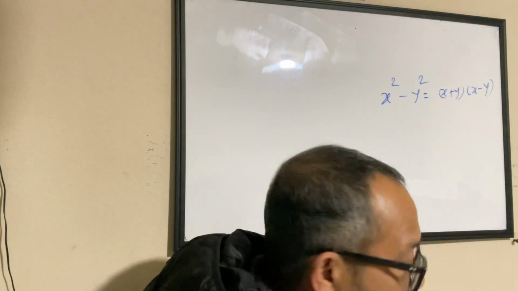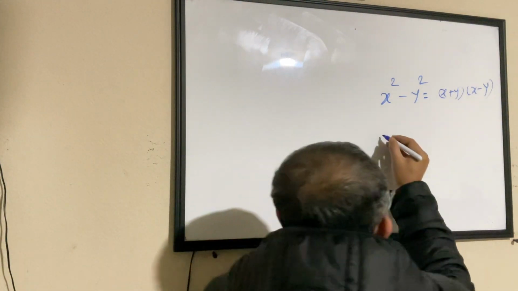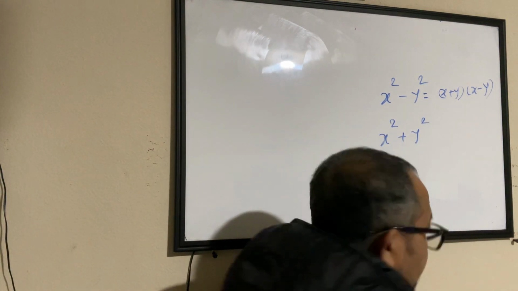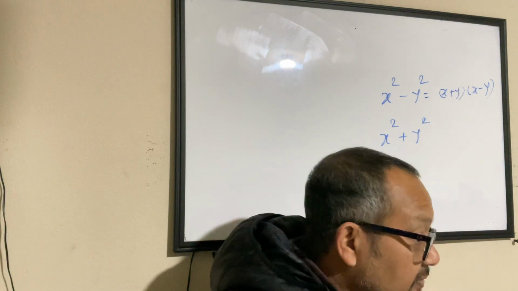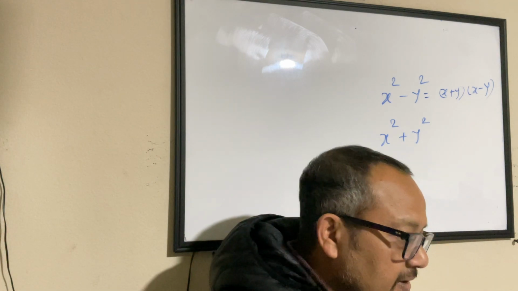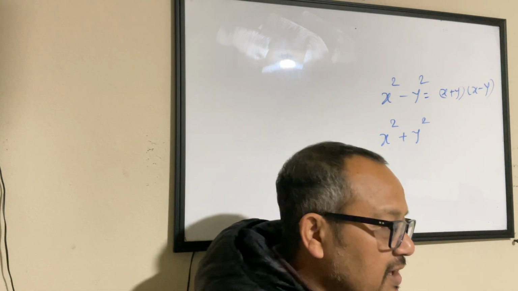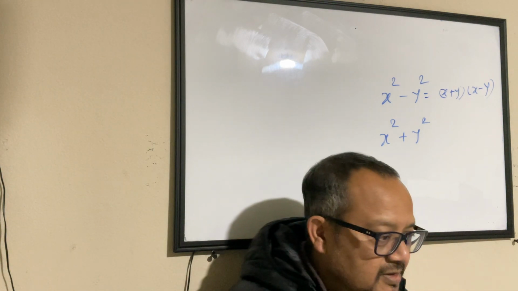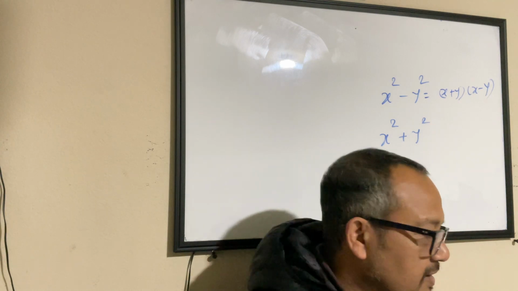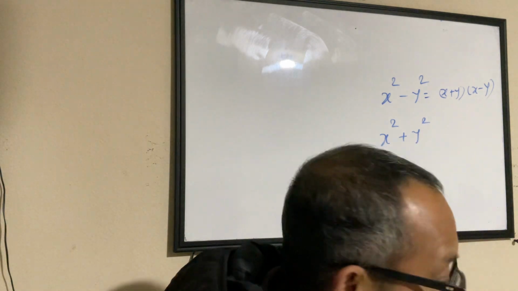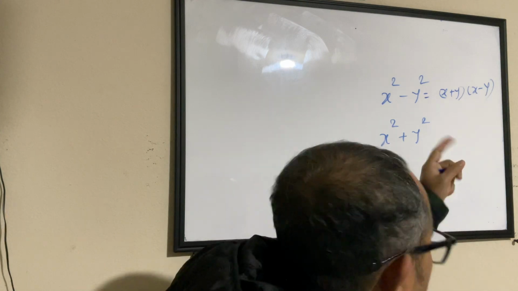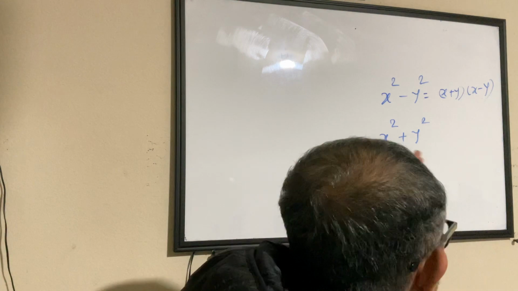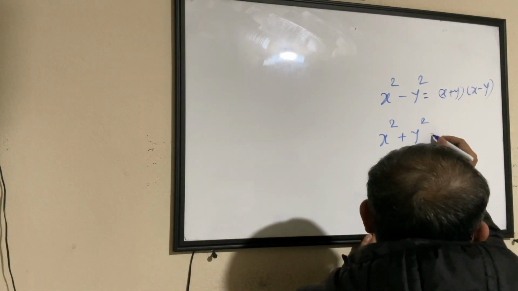Now, on the contrary, if I say factorize x squared plus y squared, we did not have a formula for this until we ventured into the space of complex numbers. Now I can factorize the sum of squares because we have familiarized ourselves with the concept of complex numbers.